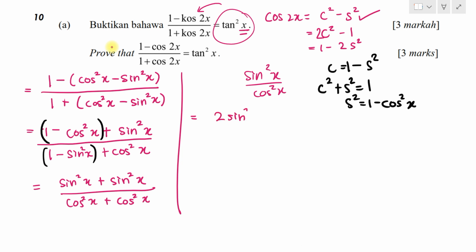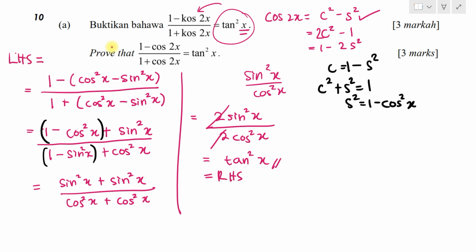So you will get 2 sine square x over cos square x plus cos square x, which is 2 cos square x. So the 2 you can cut. Sine square over cos square x is tangent square x. Left hand side is equal to tangent square x, which is the right hand side. So this is shown.